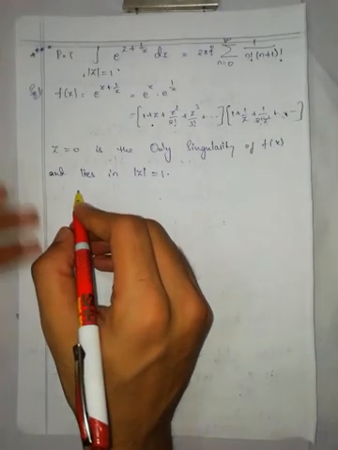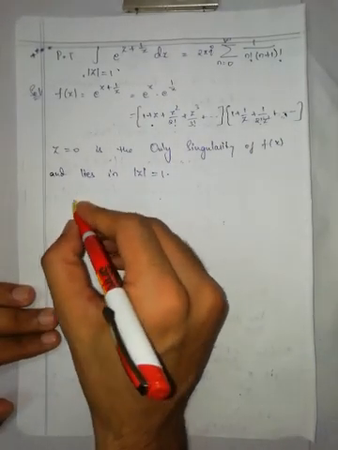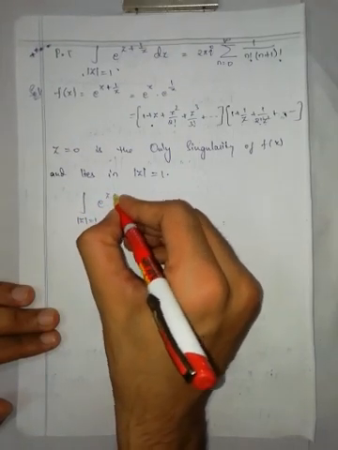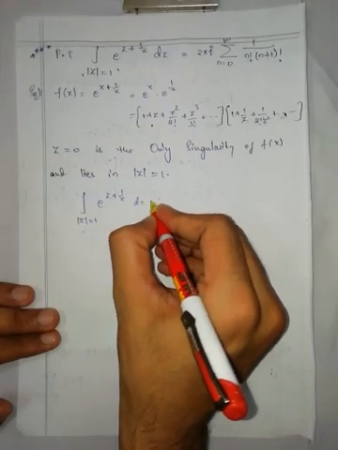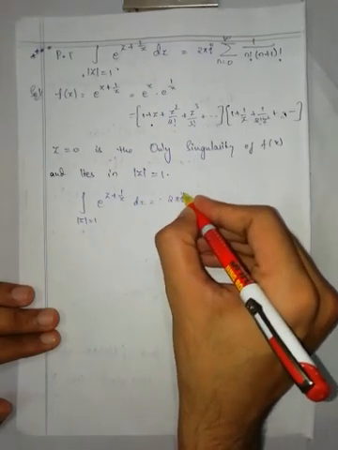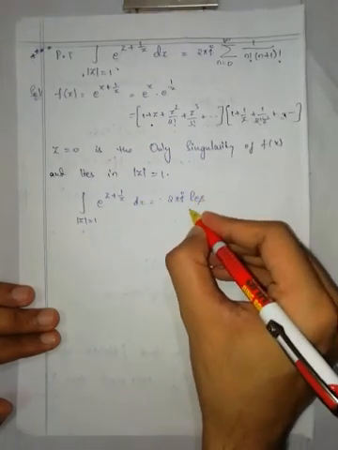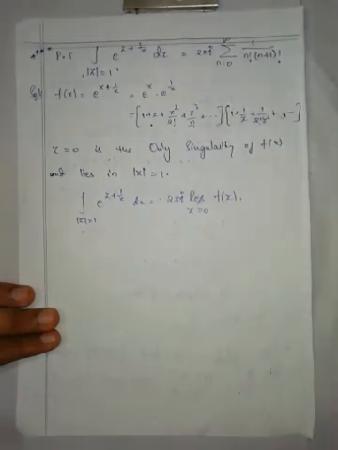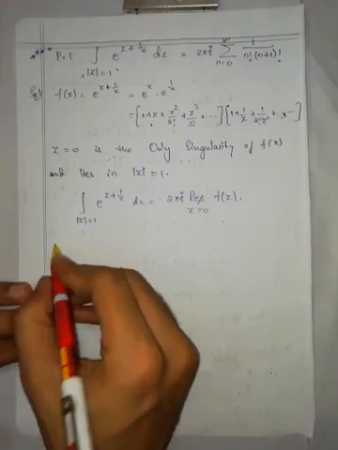Now using the Cauchy residue theorem, I can say that integration of modulus of z is equal to 1 e to the power of z plus 1 by z dz is equal to 2 pi iota residue at z is equal to 0 f of z. Now I have to find the residue.